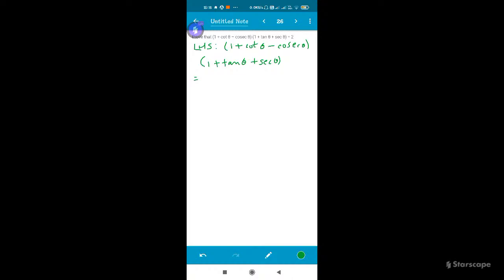Similarly, tan into sine by cos and sec into 1 by cos. 1 plus cos theta by sine theta minus 1 by sine theta into 1 plus sine theta by cos theta plus 1 by cos theta.